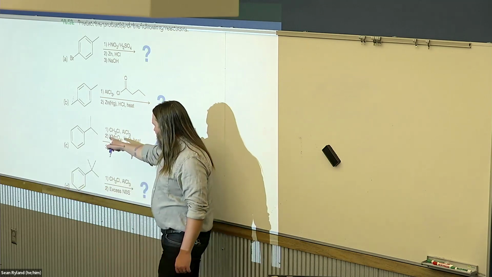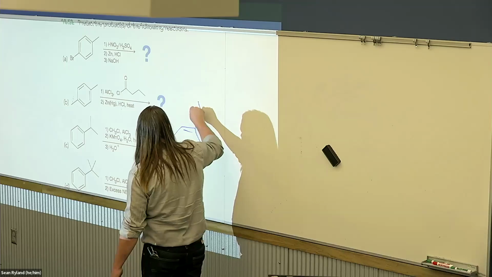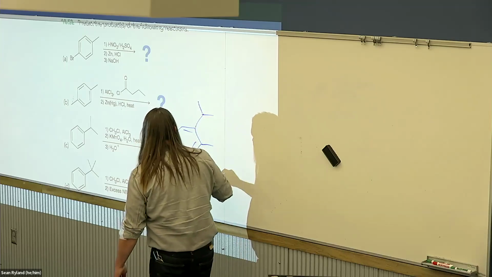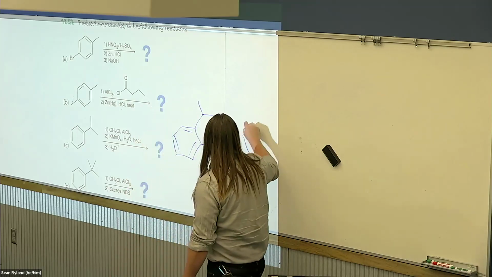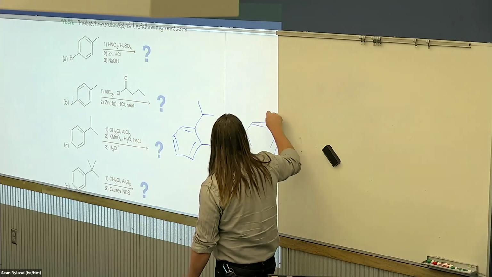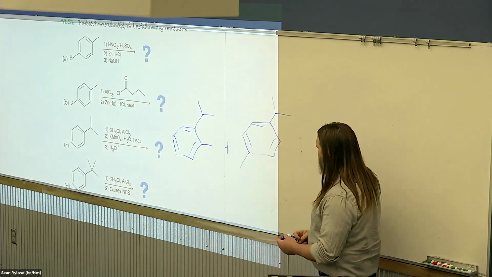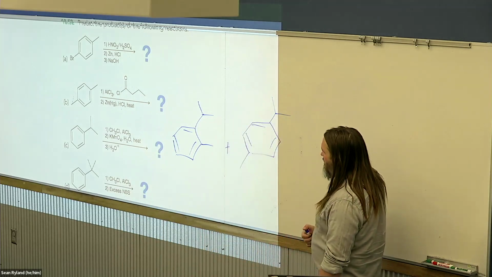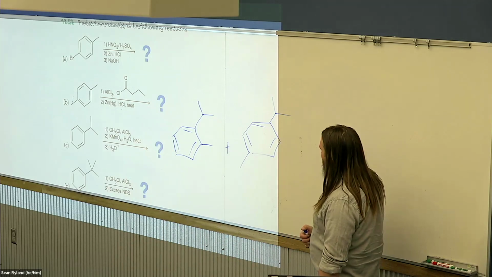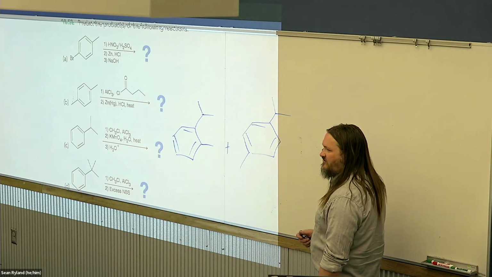Well, this is an ortho-para director, so we're going to get 2 products. And then the same, except para. Then KMnO4, water and heat, is going to oxidize those benzylic carbons.